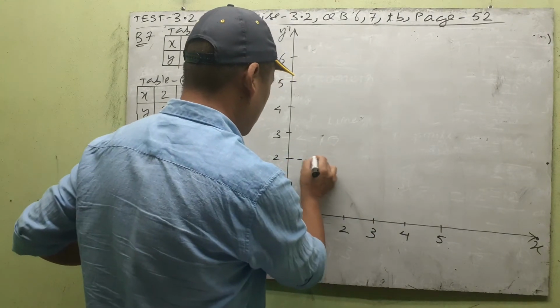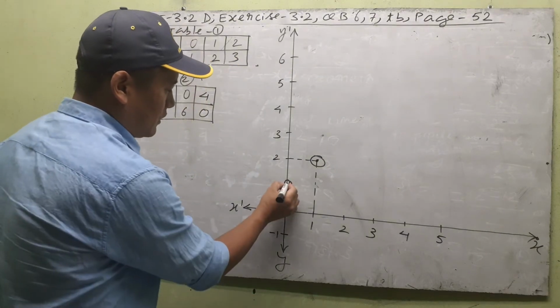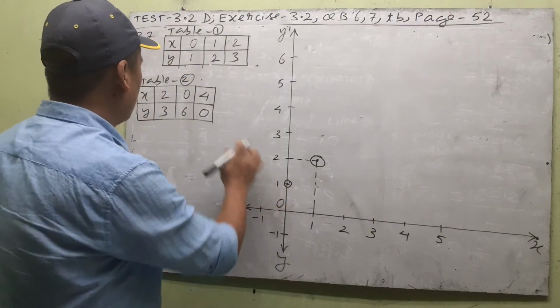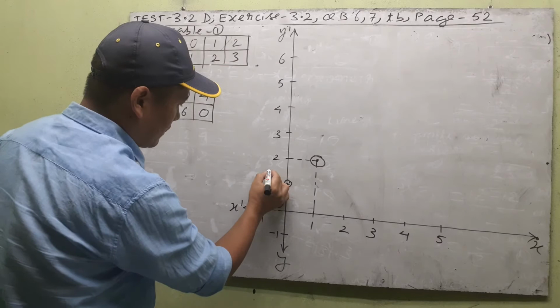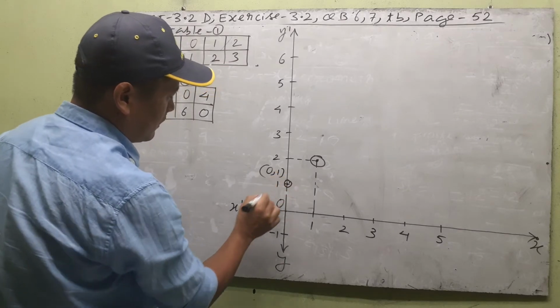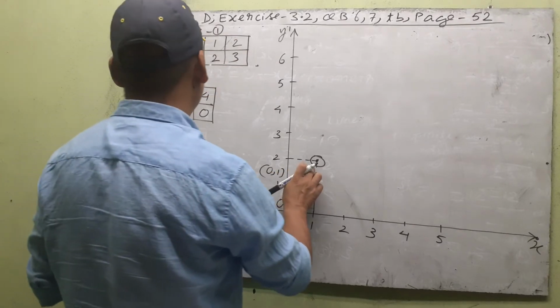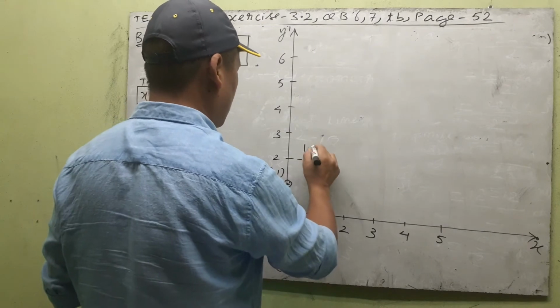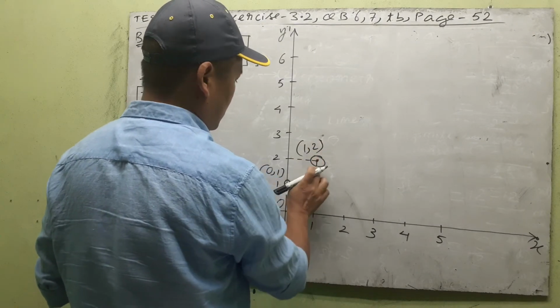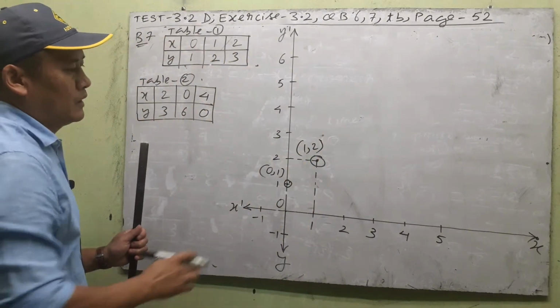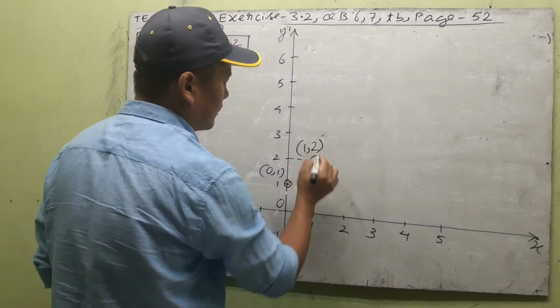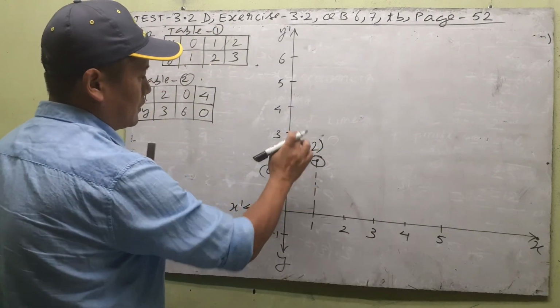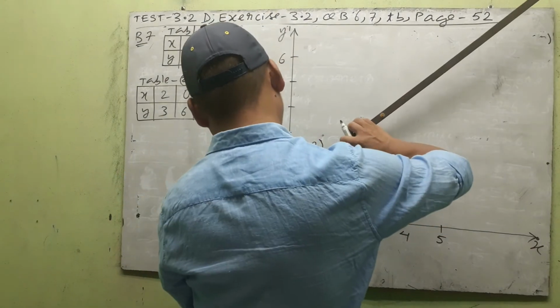So these are the points, x0, y1, and x1, y2. Lastly 2 and 3, so 2 here and 3 here.